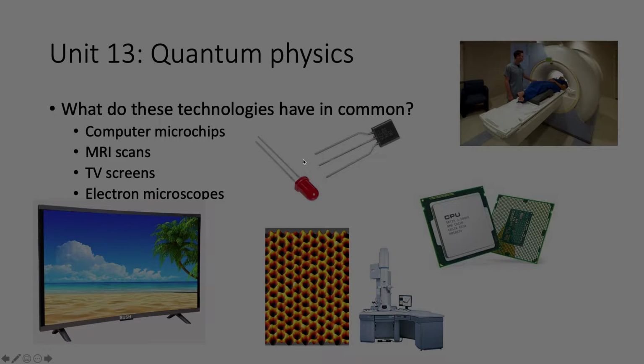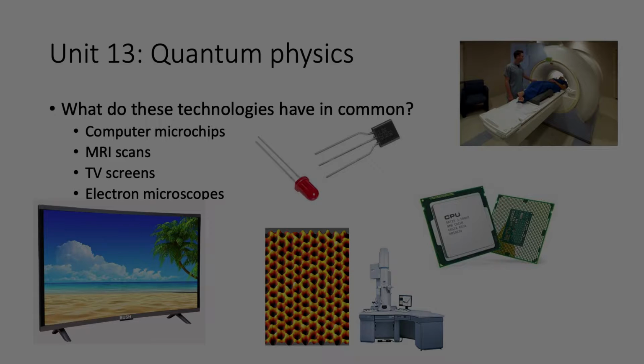Hello and welcome to this first lesson in Unit 13 of OCR A-level Physics, which is about quantum physics. The technologies that you see on the screen right now are all dependent on the ideas from this topic, quantum physics.